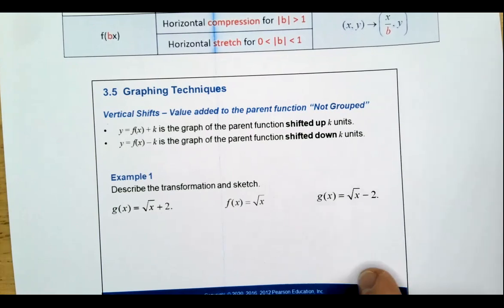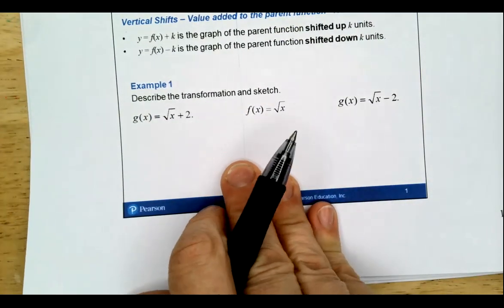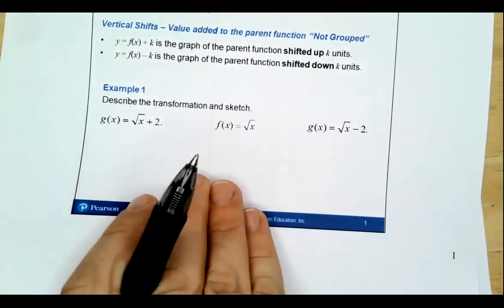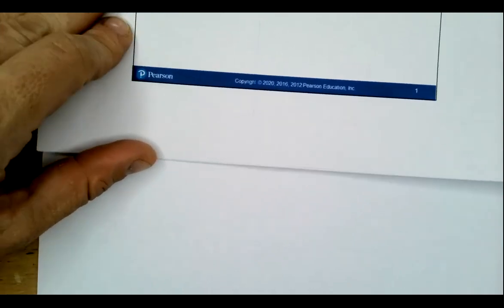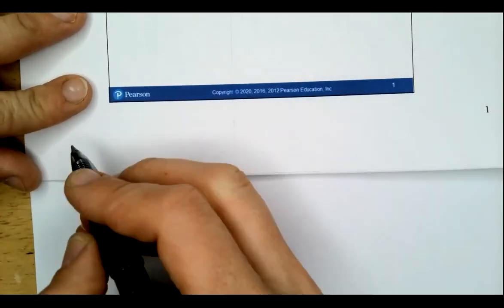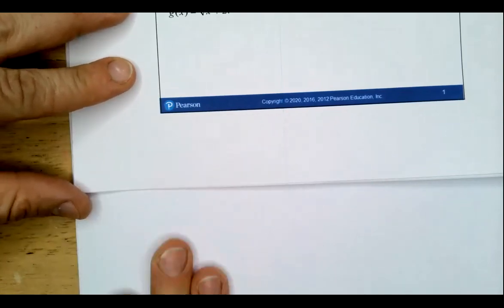Good. Let's describe each of these transformations in sketch. I didn't leave us much room because I wanted to get all of that nice and big for you so you didn't have to print it off yourself or copy it. Okay, so g of x equals the square root of x plus 2 is our first example.